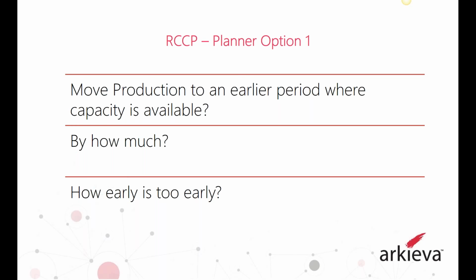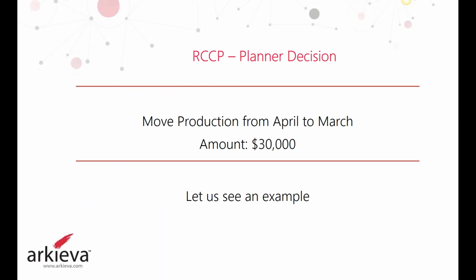And if you are in a business where the age of the product matters, you might have things to consider, like how early can I really move it? Can I really make product two to three months in advance? Sometimes that might not be possible. So let's say in this fictitious example, the planner makes a decision to move 30,000 units of production from April to March.